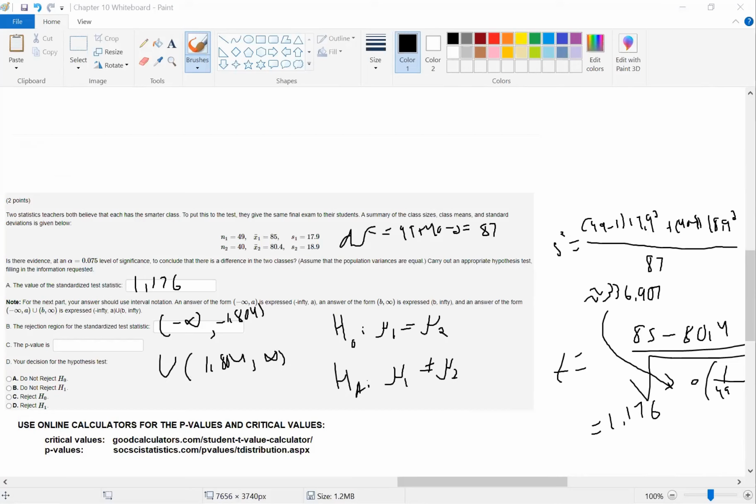It's two-tailed though, so they'll double the p-value for us, 0.243. I will draw an arrow so you know where that came from. Therefore, we do not reject, because the p-value is obviously not below the alpha, and our test statistic is not inside the union of those two ranges either, so we don't reject.